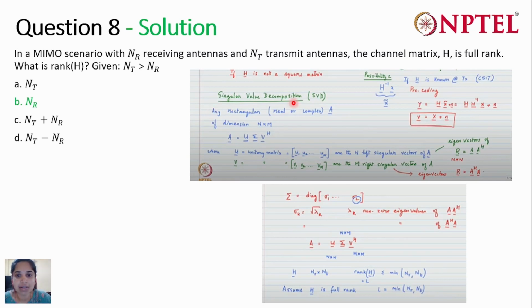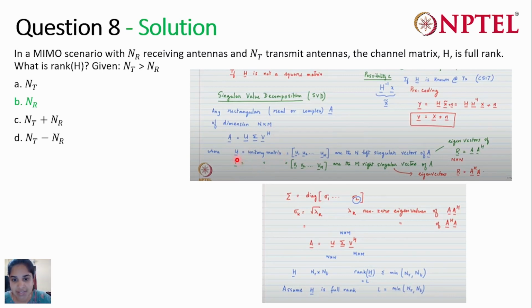If we consider the singular value decomposition, any rectangular matrix A of dimension n cross m can be written as U into sigma into V Hermitian, where U and V are both unitary matrices.